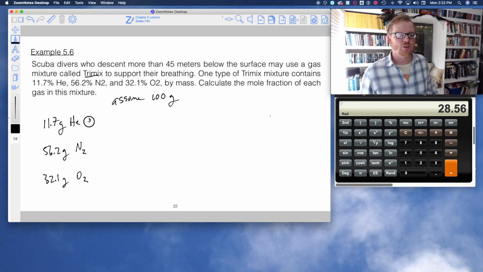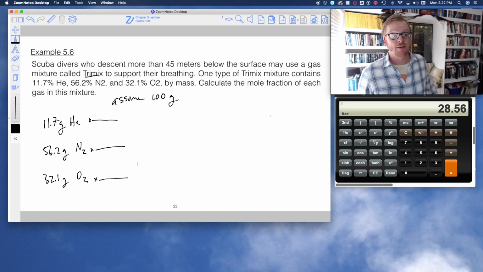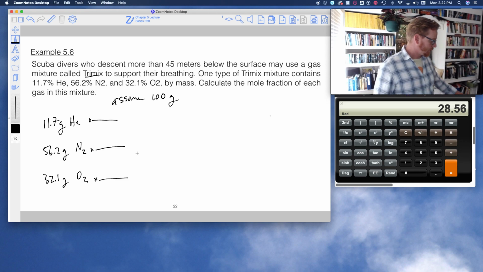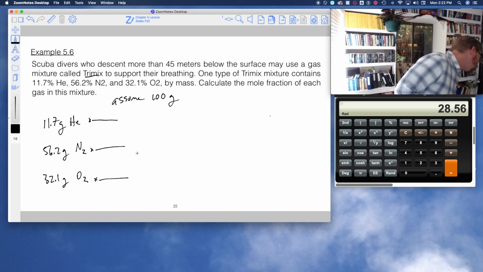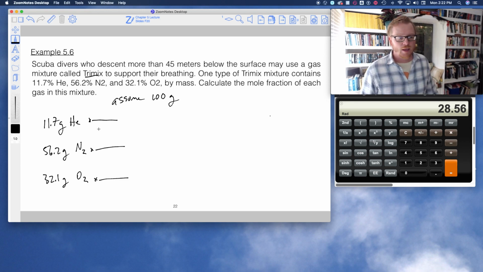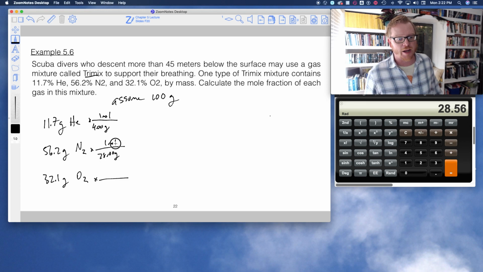Okay? And so now the first thing we've got to do to get mole fraction is calculate how many moles we have. Okay, so the molar mass of helium is, we'll call it 4.00 grams of helium in 1 mole. Nitrogen, I'm just going to call it 28.00 grams of nitrogen in 1 mole.